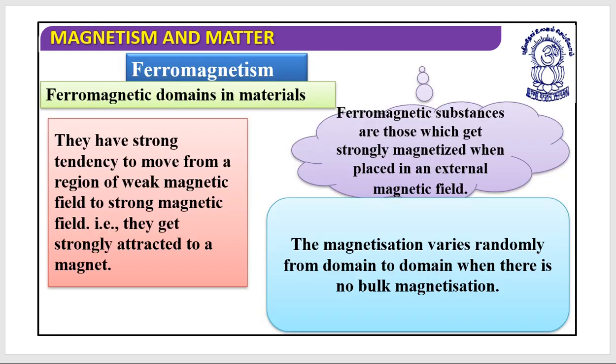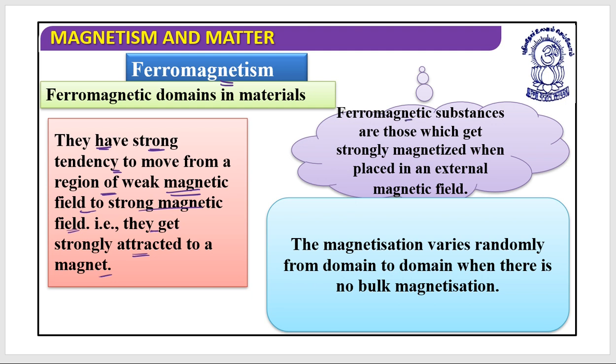When we say ferromagnetism, they have a strong tendency to move from a region of weak magnetic field to strong magnetic field, and they get strongly attracted to a magnet.